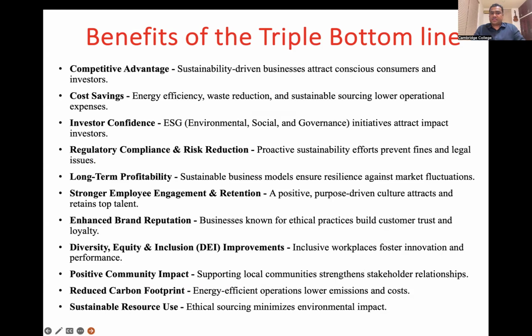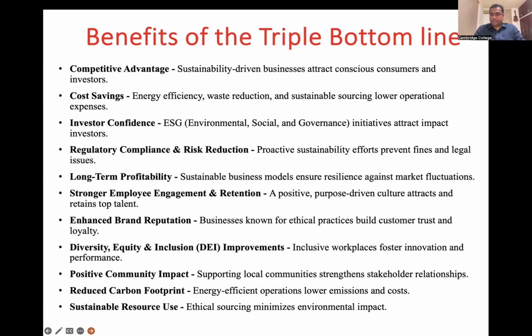Investor confidence in ESG initiatives. A lot of investors would like companies that are socially responsible with a good ethical governance stance. Your regulator will look at you positively. Regulatory compliance and risk reduction, especially if you look at banks, telco, and other regulators who regulate industries.